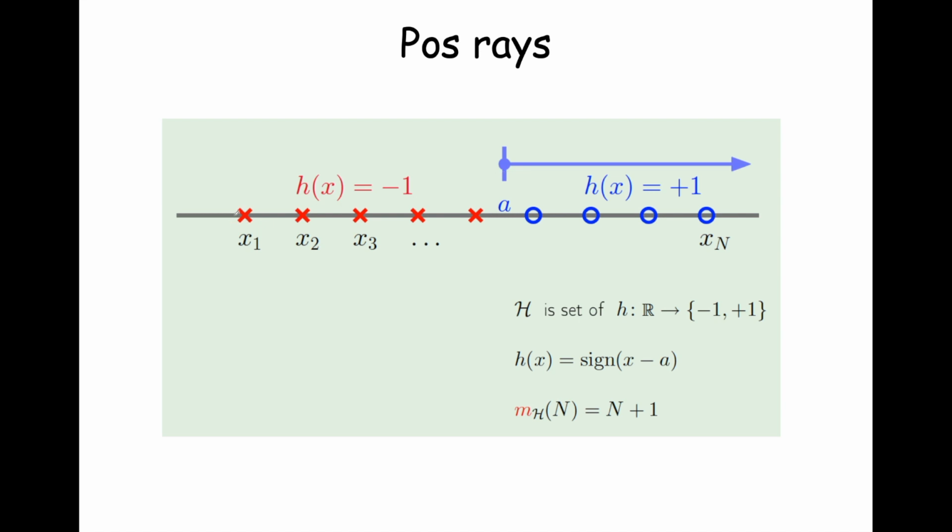Here we have n data points, and if we count the number of segments where we can place our anchor point, that's 1 to the left of each point, 2, 3, 4, up to and including n, add another one here, and that's n plus 1. For each of those positionings of the anchor point A, we get a different labeling, +1, -1, for our n in-sample points. And so this is the growth function of the positive ray.